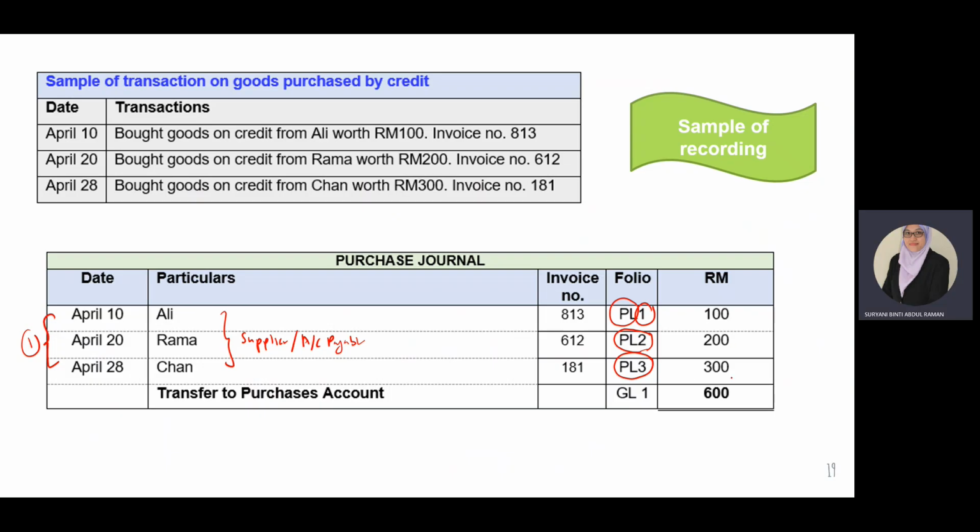At the end, you have to sum up all the purchase transactions on credit during the year, and this amount, 600 ringgit, will then be transferred to purchases account. Since purchases account is an account under general ledger, the code of reference will start with GL. And since this is the first account in general ledger, we put it as GL1.